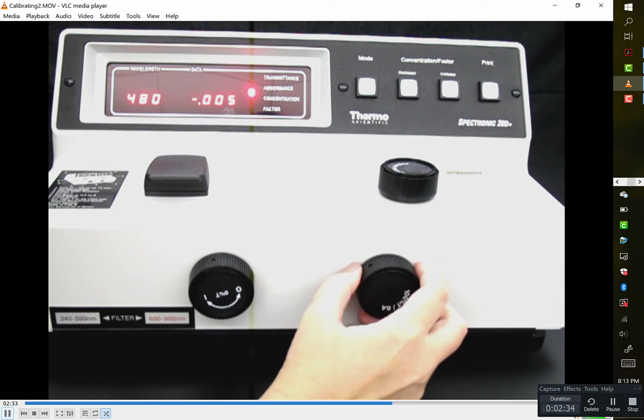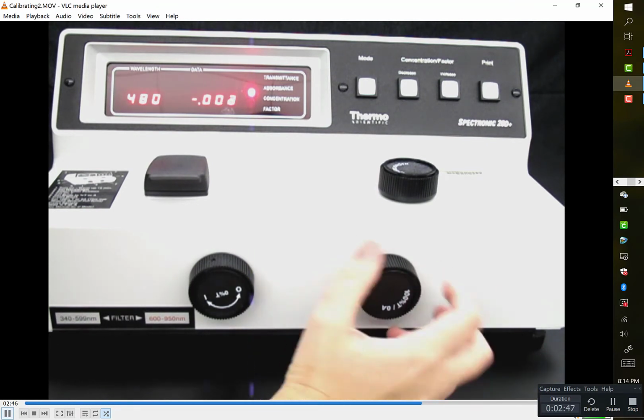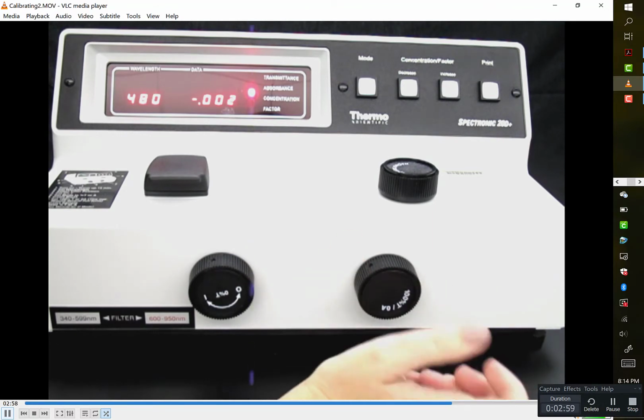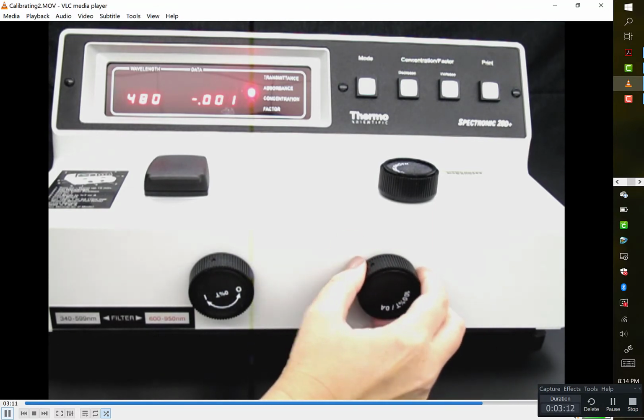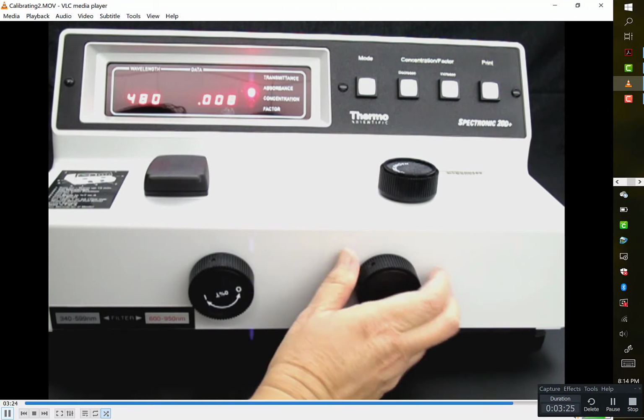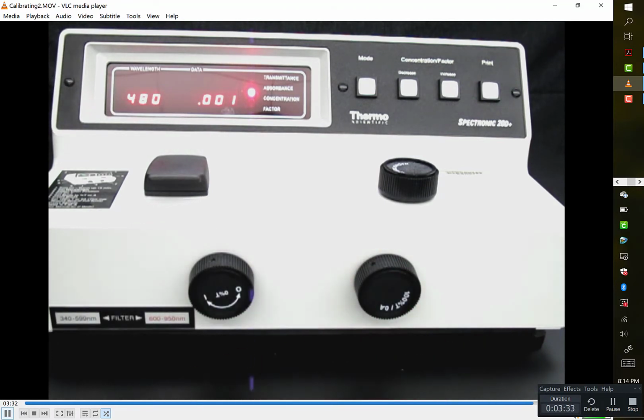Now they can be a little bit finicky. There we go. So it was reading an absorbance of 0. If it's off by 1/1000th, it's fine.